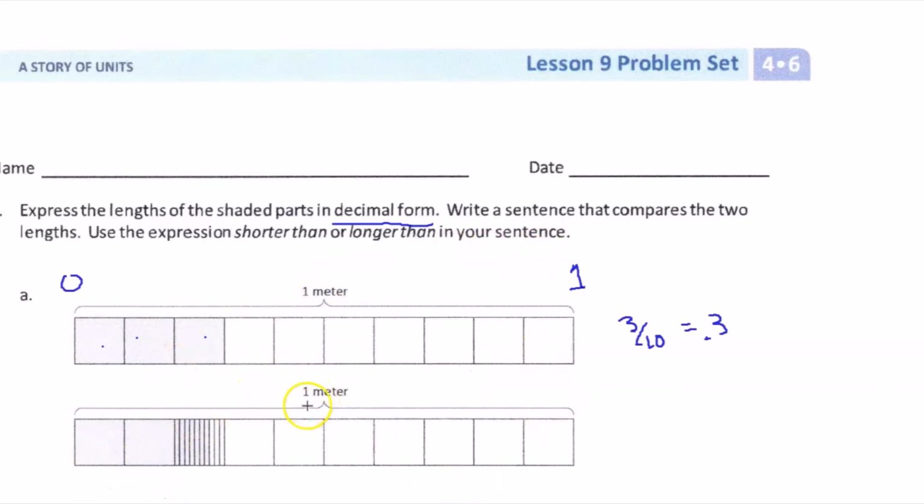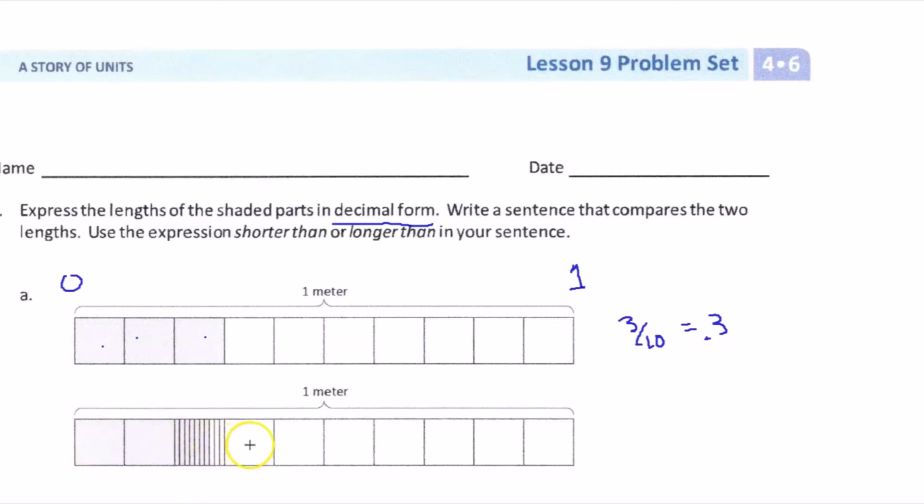We have 1 meter again, 0 to 1. And now I see that we did that little trick where we took one of those tenths and broke it up into more tenths. Now this might be hard for you to see, but I'm counting 1, 2, 3, 4, 5, 6, 7. 7 out of 10 in one of these tenths. So what would that make that?